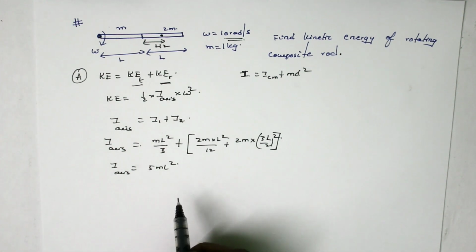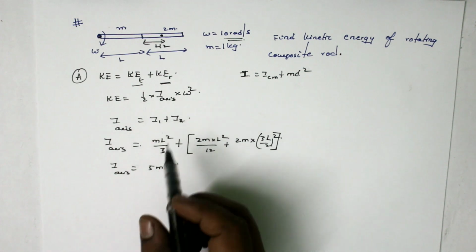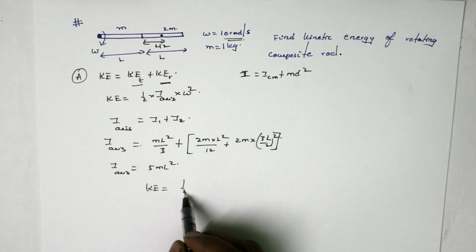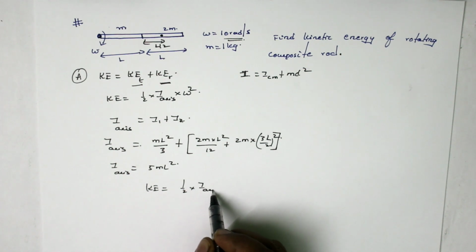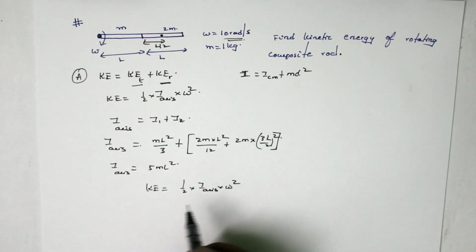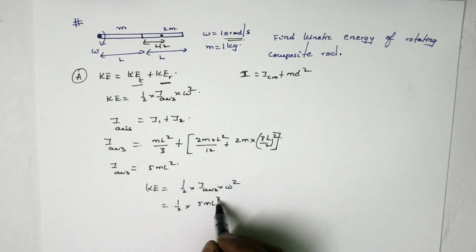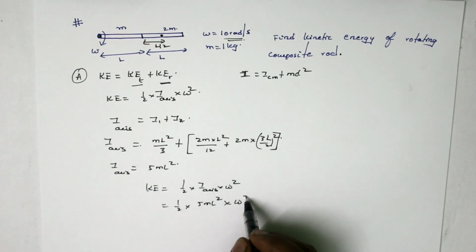This is the result we get. Now if I substitute in the given equation, the total kinetic energy is equal to half into I axis into omega square, so half into 5 mL square into omega square.